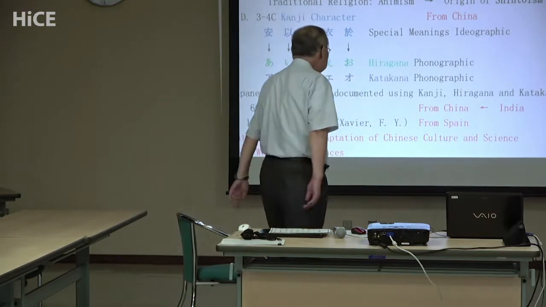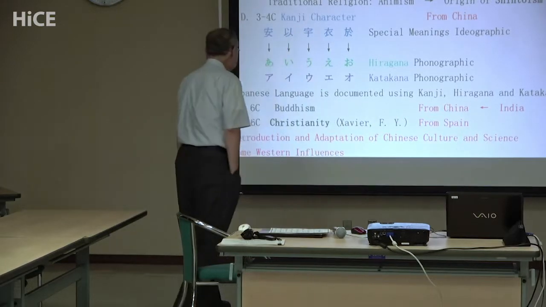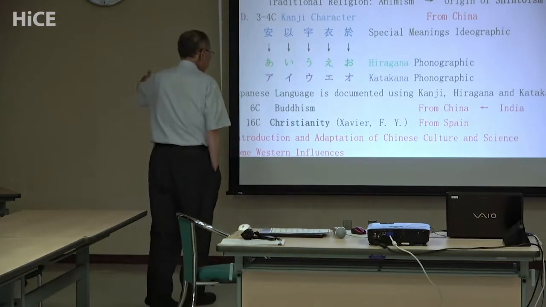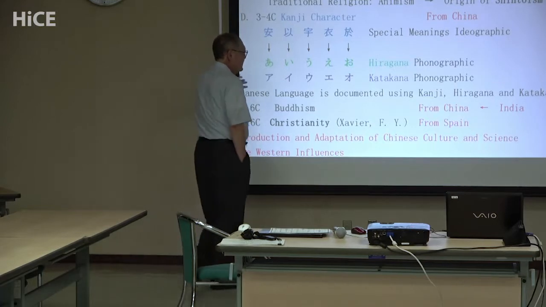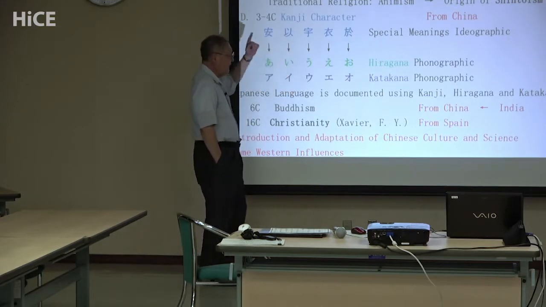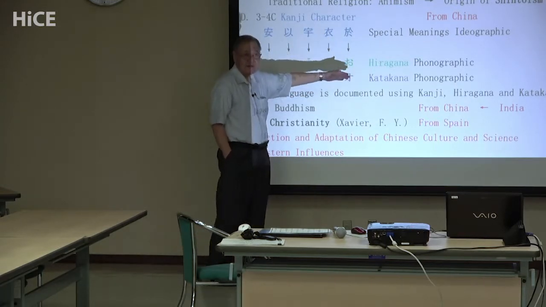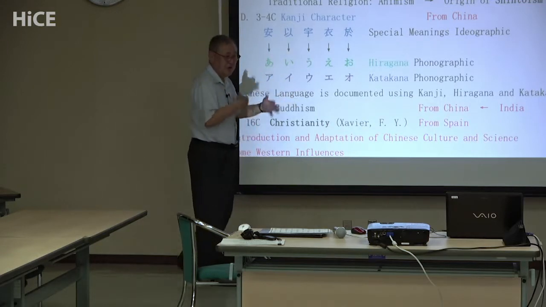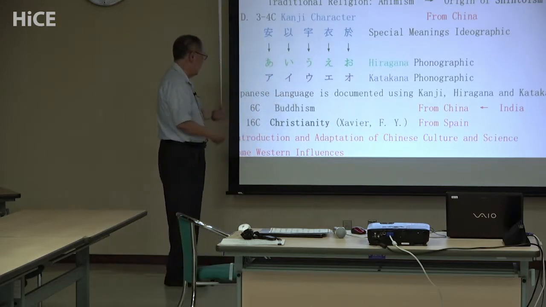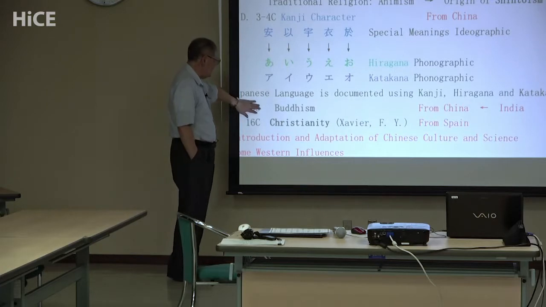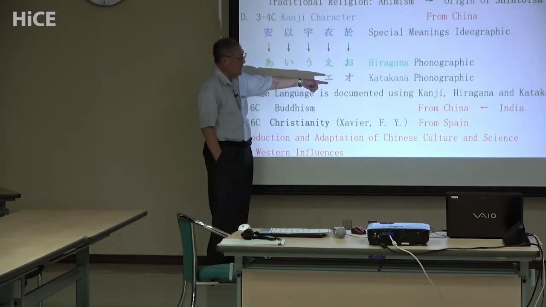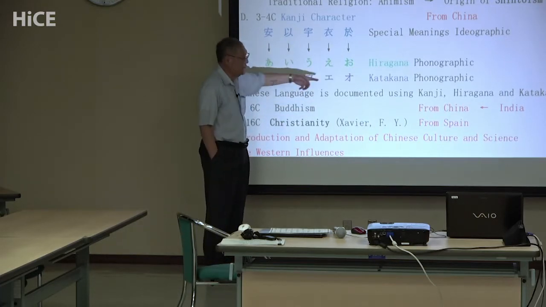The Japanese language is documented using kanji and hiragana and katakana, mixed together. So complex.